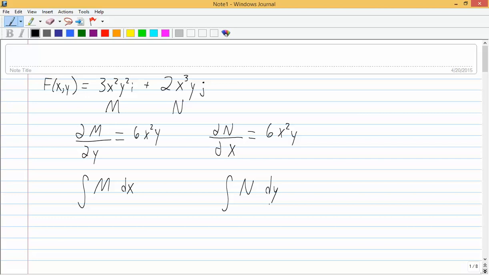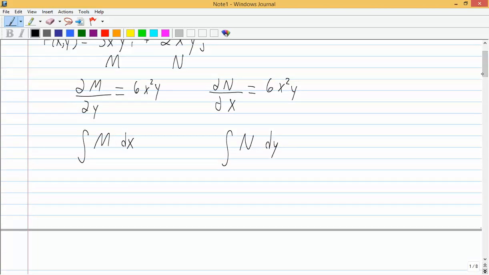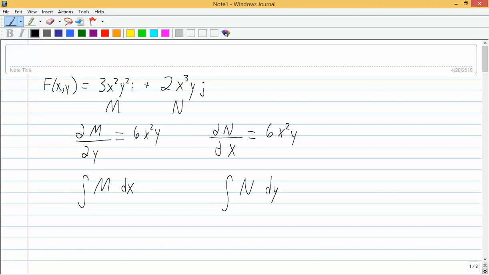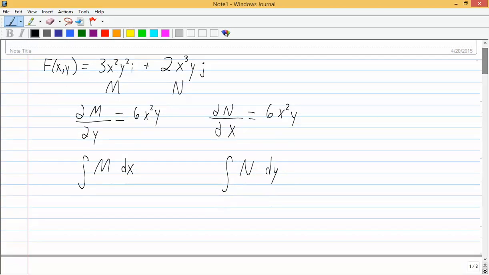So the integral of our M with respect to x is going to be x cubed y squared. Where did the 3 go? When we integrate with respect to x, you divide by 3, so those cancel out. And then we have plus some function of y, so plus g of y.